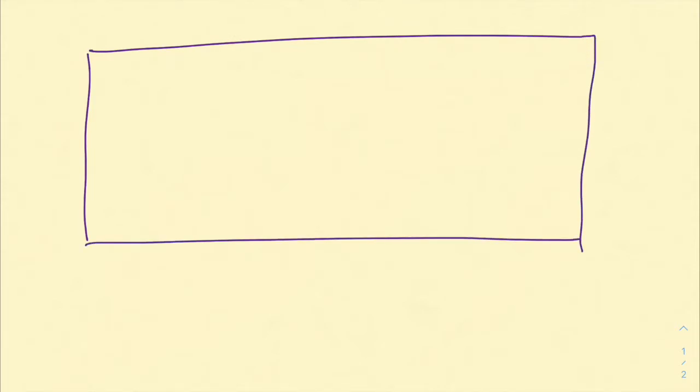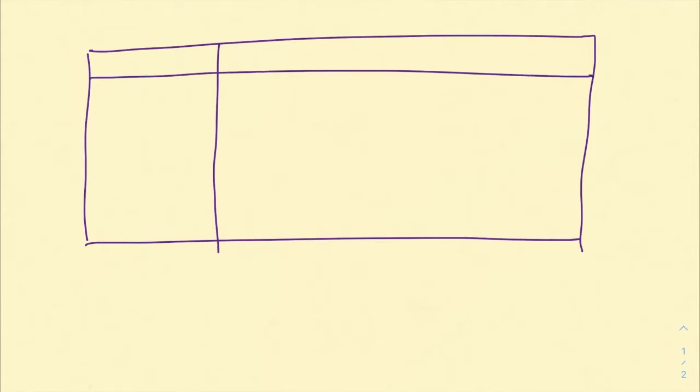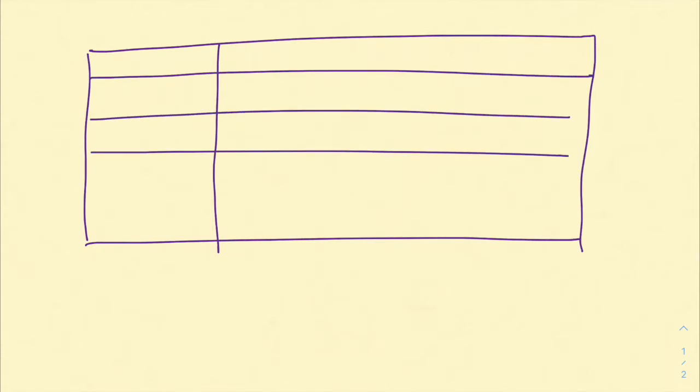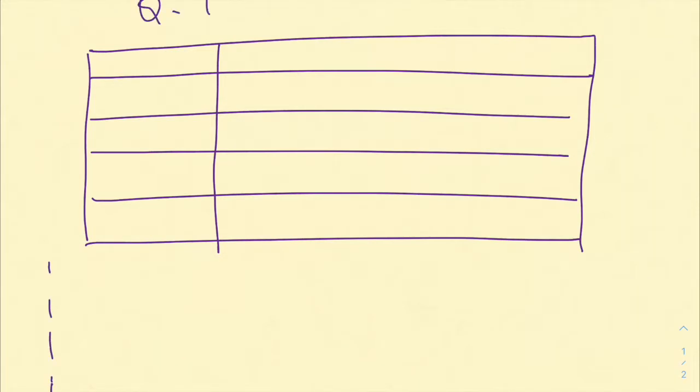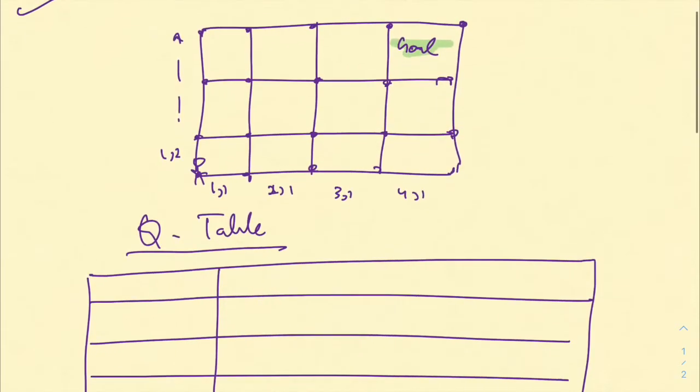Now the Q table is basically a table that can go down, like extend down. So this is the Q table. The Q table, as I told you, is a mapping from state and action. So state can be, in this case, 1 comma 1.